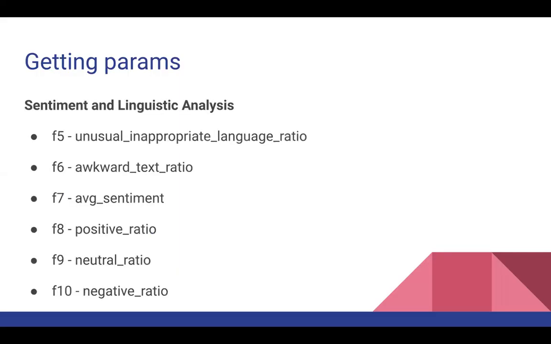Sentiment and linguistic analysis is more about identifying unusual and illogical text structures. For example, inappropriate language ratio, awkward text ratio, and in general sentiment, like average sentiment across the article, positive, neutral, and negative ratio, which is also important in conjunction to have a different vector in the end.